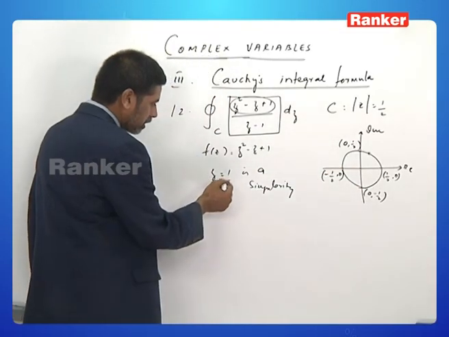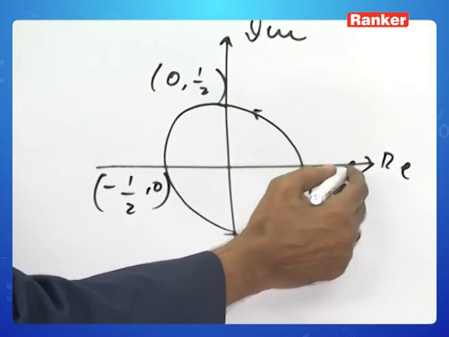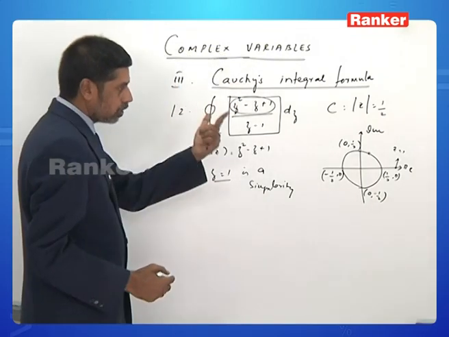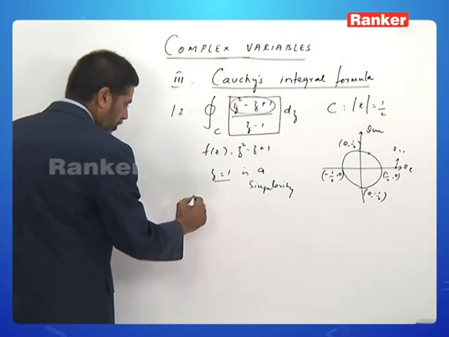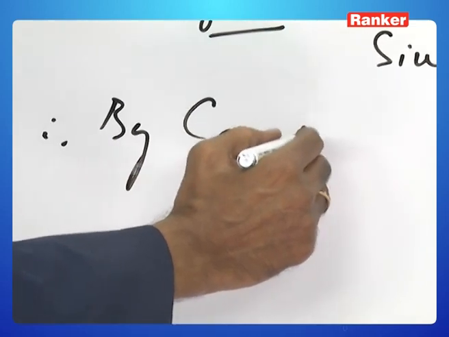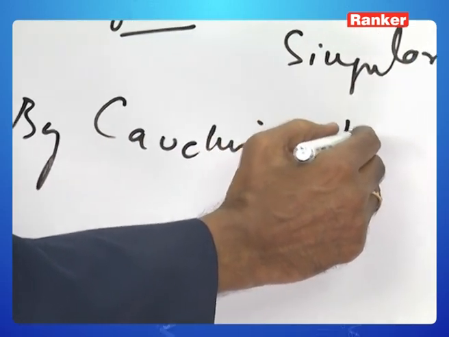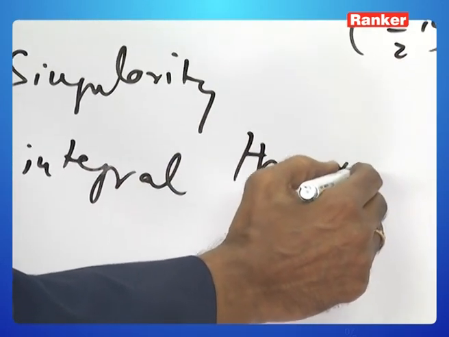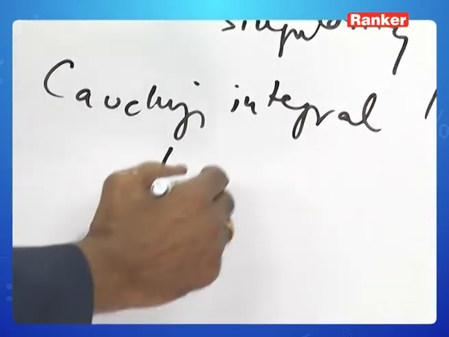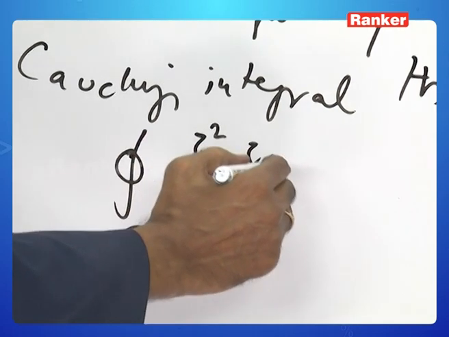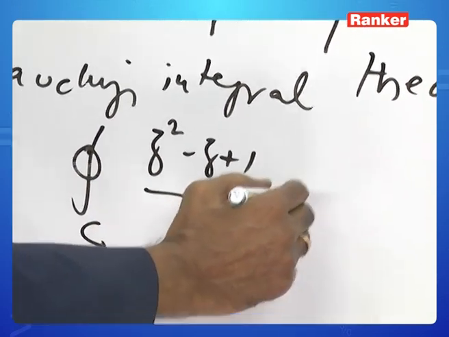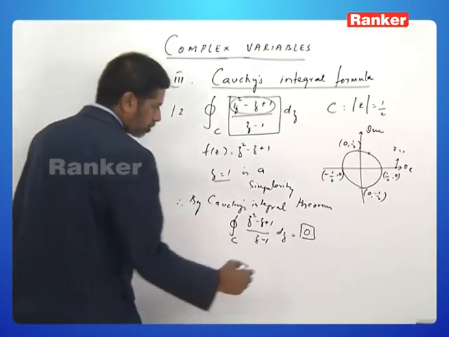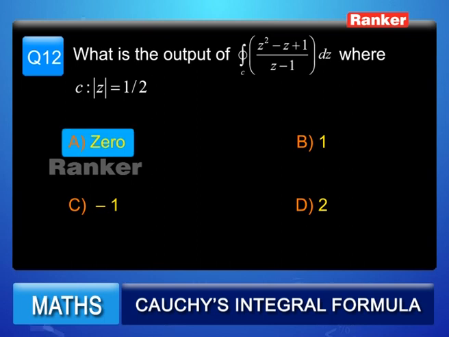You can clearly see z is equal to 1 lies somewhere there, so it is outside the contour. Therefore, by Cauchy's integral theorem, the integral of the given function will be 0. The correct option, as you can see, is A.